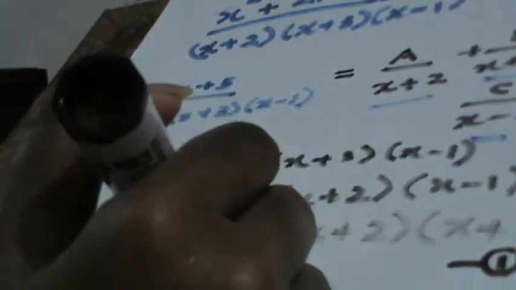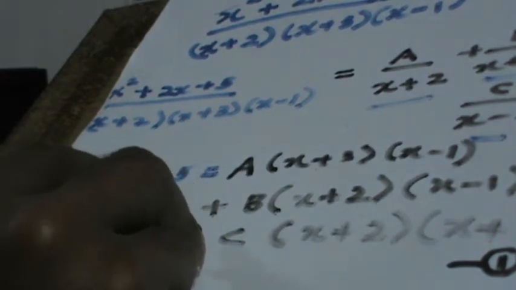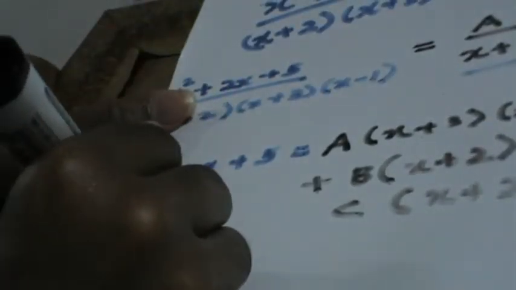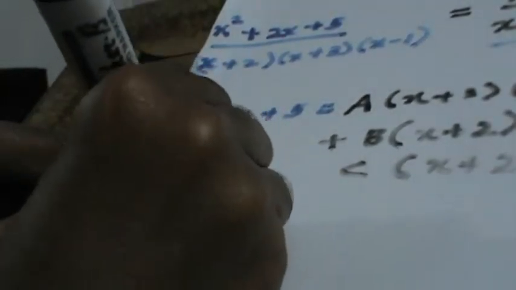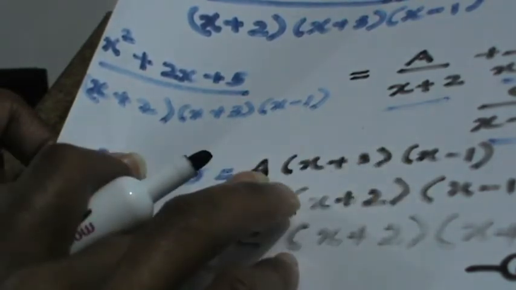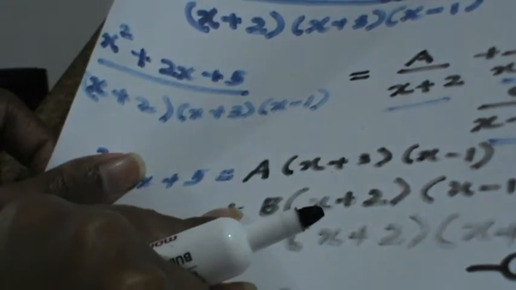I think you can directly find the values of a, b and c from here. You will have to go through several equations. So let's find out. By equating the coefficients of x² on both sides: the coefficient of x² on the left side is 1, and on the right side when I multiply a by x times x, I get x², so the coefficient of x² here is a, and you add this.